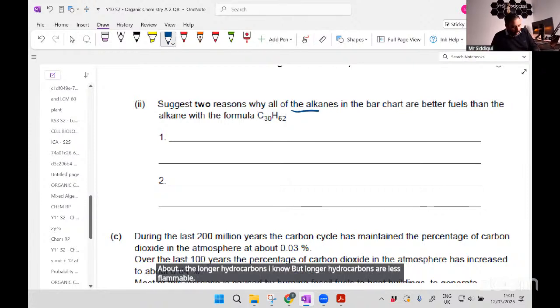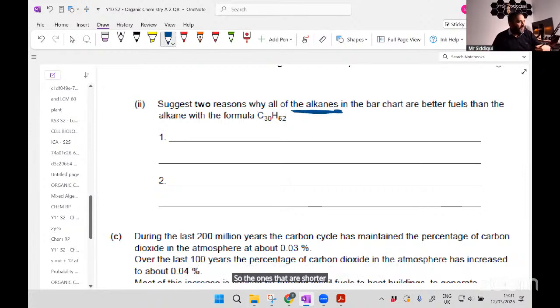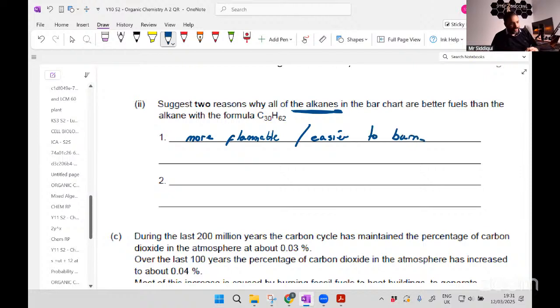So the ones that are shorter, the ones in the bar chart, are easier to burn or more flammable. So that makes them better for being fuels. Easier to burn. The other reason, you can say that they have a lower boiling point as well, because remember the shorter ones have got lower boiling points.